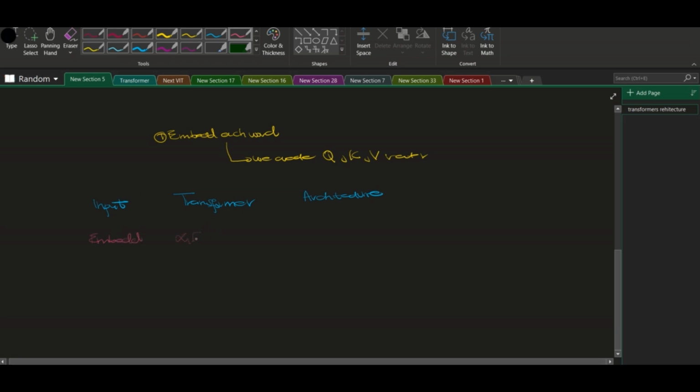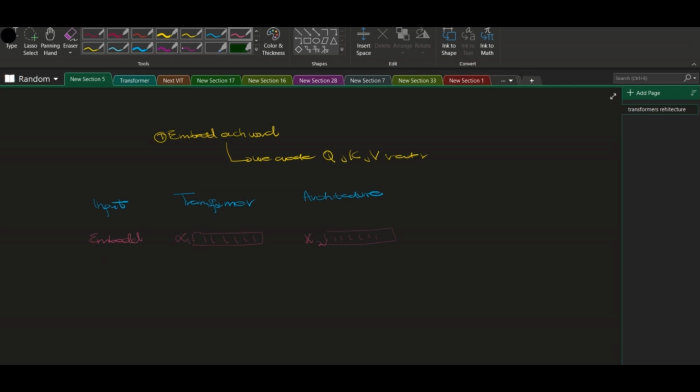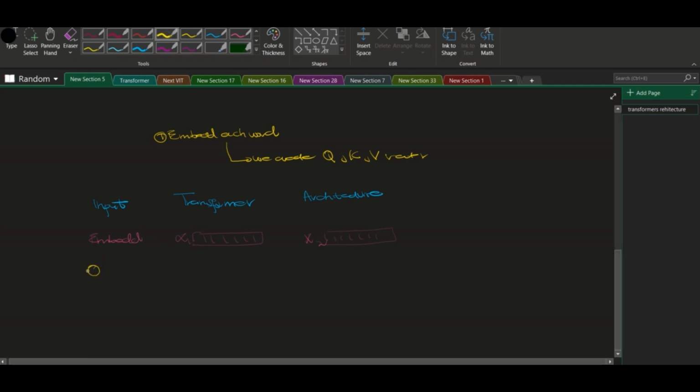It's going to be x1, right? You can think of this as a vector, x2 vector. So for each word, we create a query. Okay, we created this query, so it's going to be q1. And then we create the key vector.